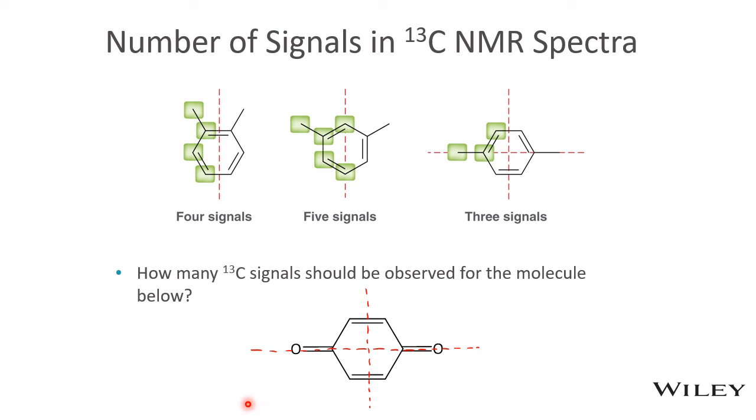So again, focusing on the carbons in one of the quadrants, and we'll focus on this top left quadrant here. We have 1 carbon that is on the line, and 1 carbon that is off the line within that quadrant. So we have a total of 2 carbons, which would give rise to 2 signals.